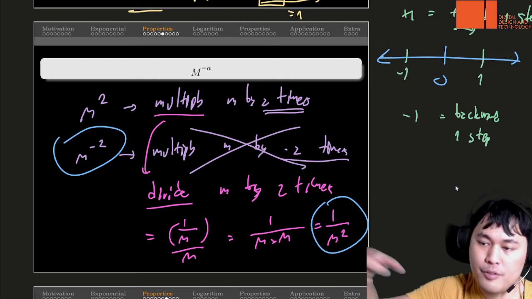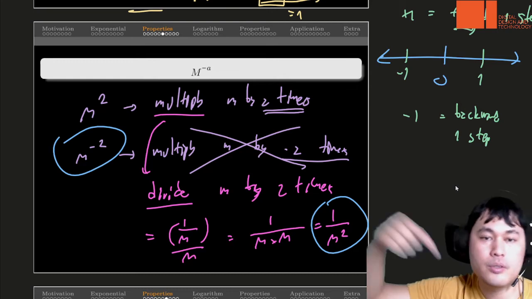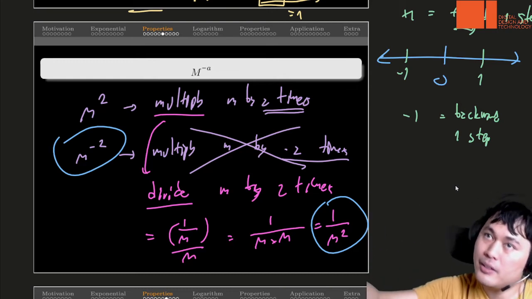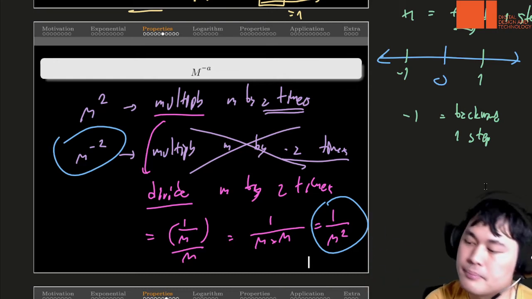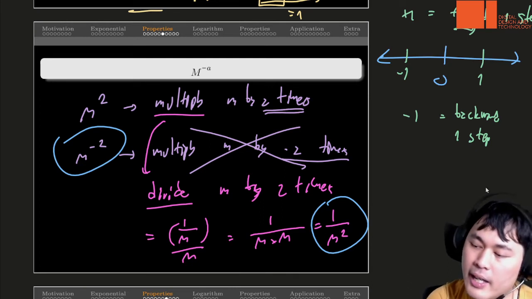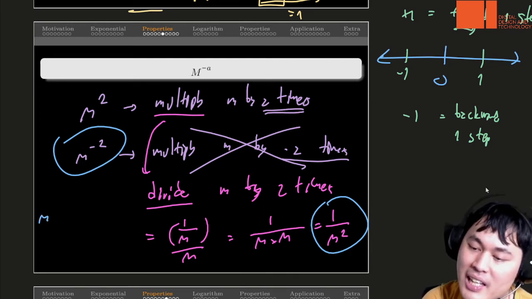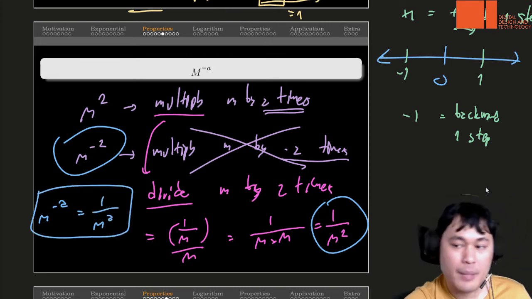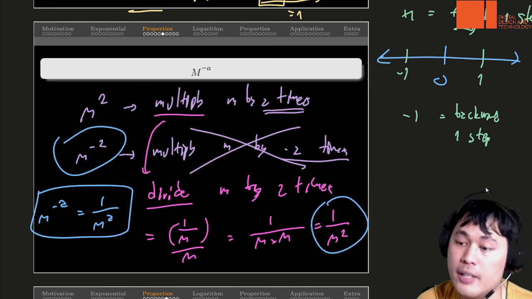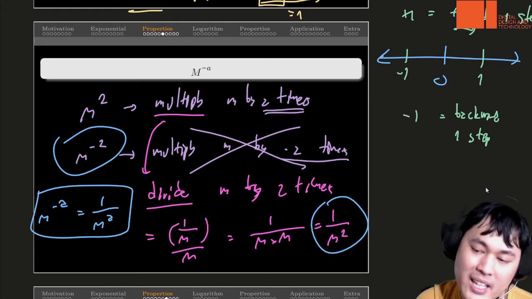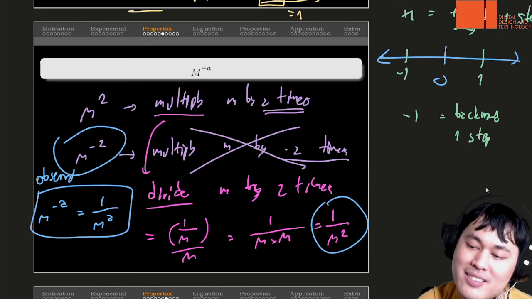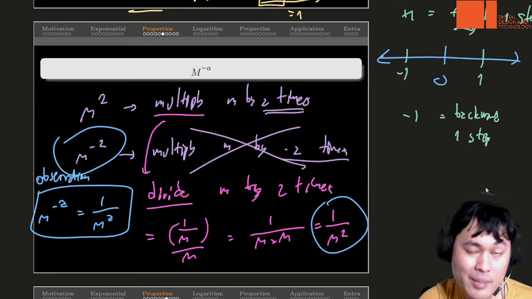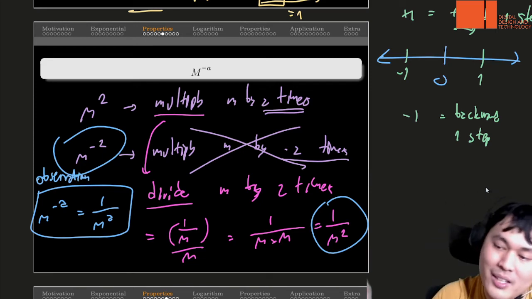But you just flip from multiplying to dividing. And based on this, you can see that for any number a, you should get the same pattern. m to the minus a is 1 over m to the a. But again, this is from the observation. It's not a theorem yet. It just should be this way.